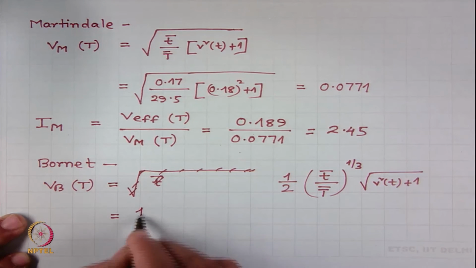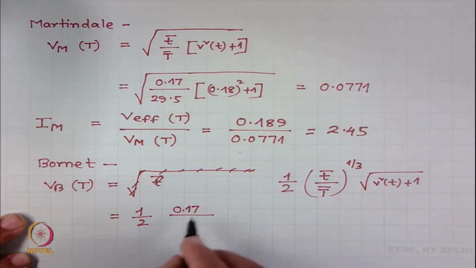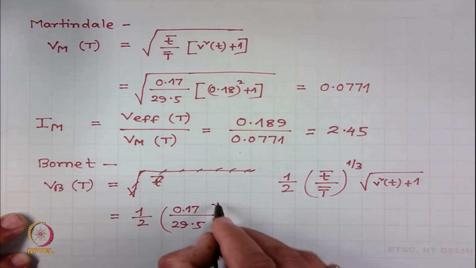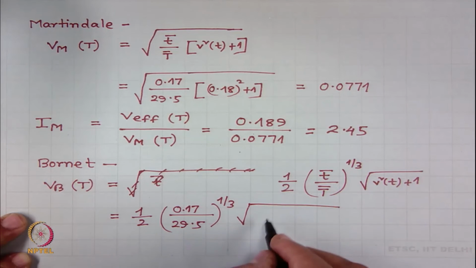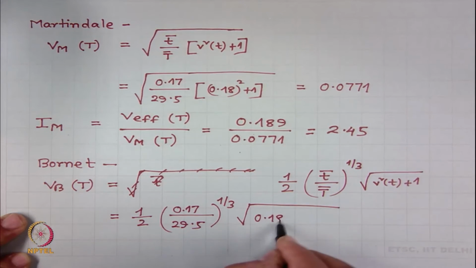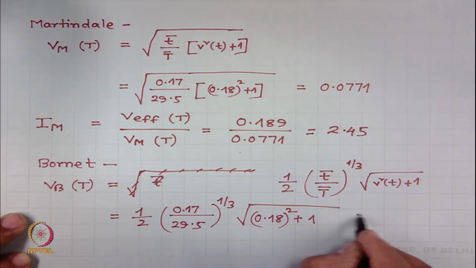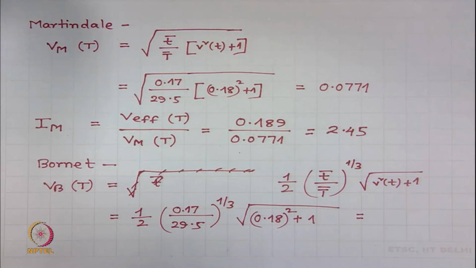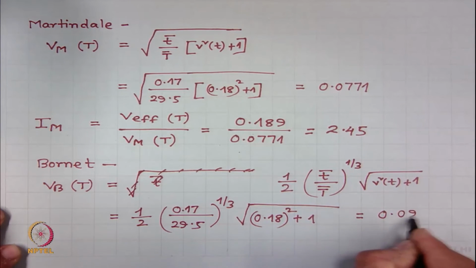So, half, what is T bar? 0.17 and this 29.3 to the power 1 by 3 squared plus 1. So, this will lead to 0.0927.